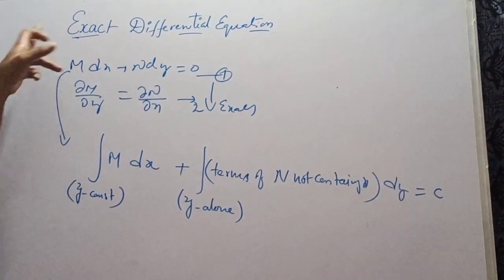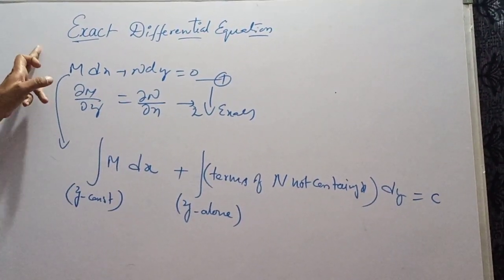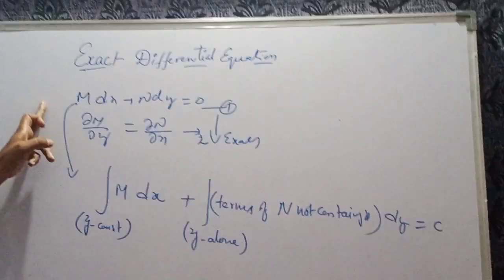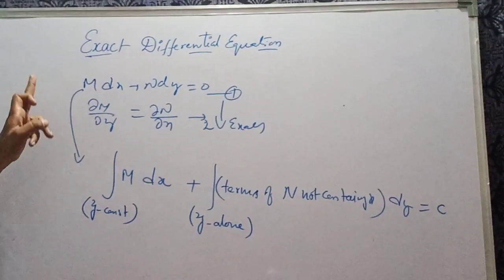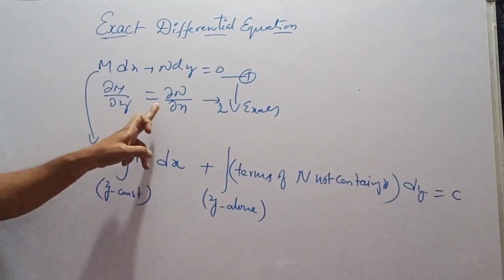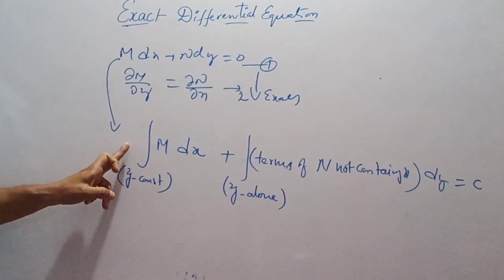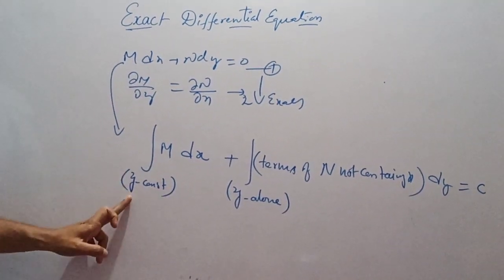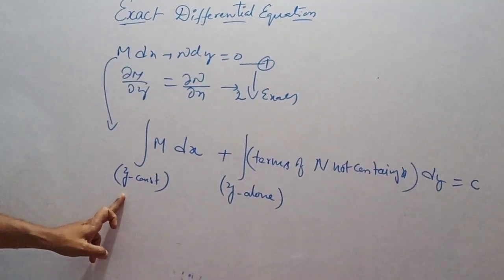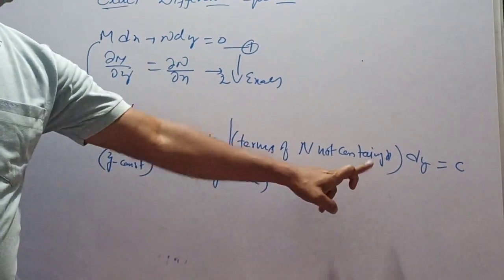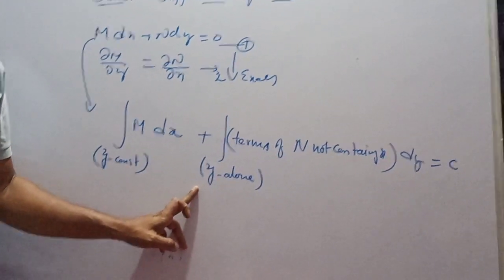So the procedure for solving an exact differential equation is: verify dou M by dou y equal to dou N by dou x. Suppose it is verified, then write the integral of M dx, considering y as constant, plus the integral of the terms of N not containing x, only y alone functions, into dy.